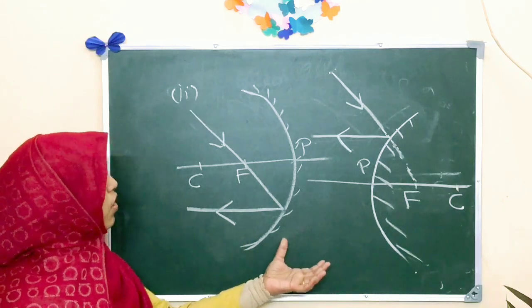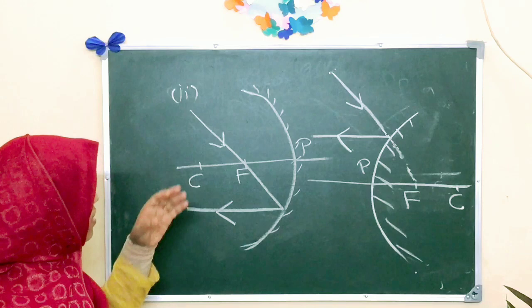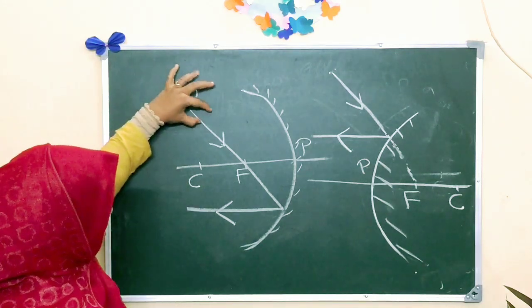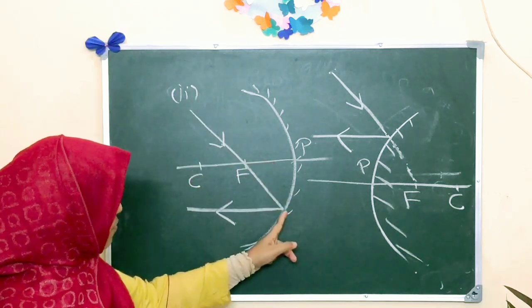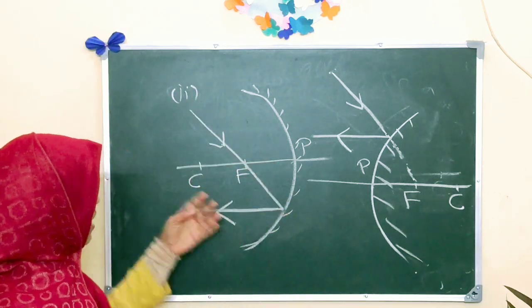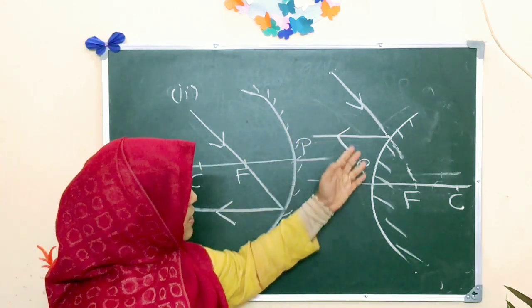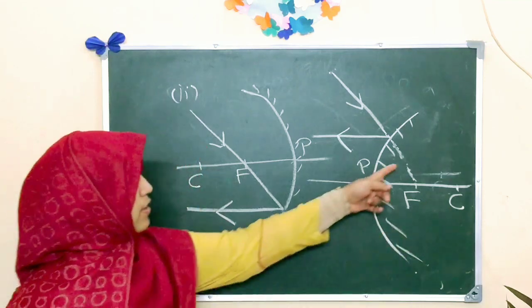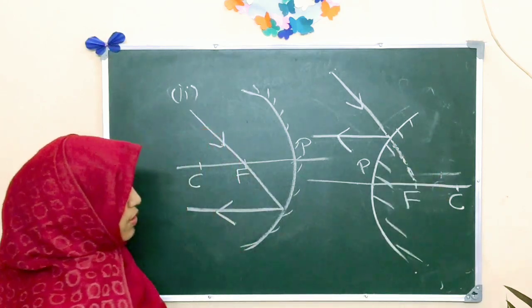Second rule is over. Once again, what is the second rule? Any incident ray passing through the focus, after reflection passes parallel to the principal axis. In the convex mirror it is virtual, given in dotted lines.